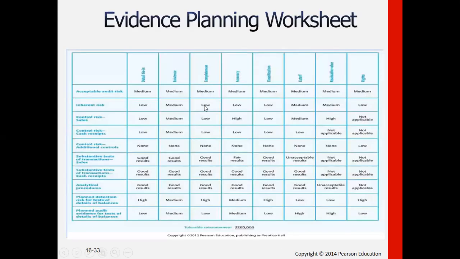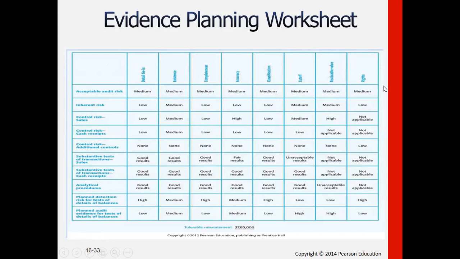So here, for the evidence planning worksheet, we can notice on the side, for the vertical parts, we have certain items on risks and tests that we do. Then these are the transaction-related audit objectives that we have known.